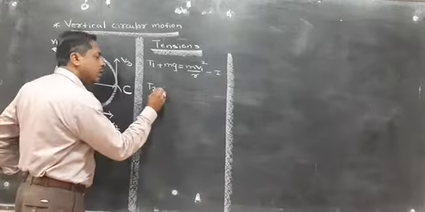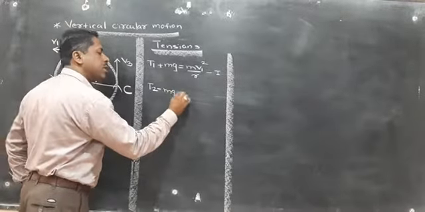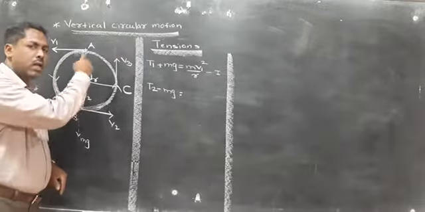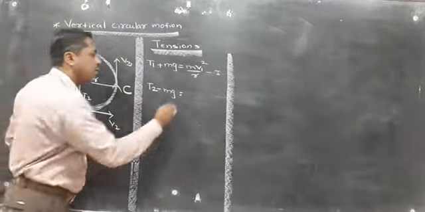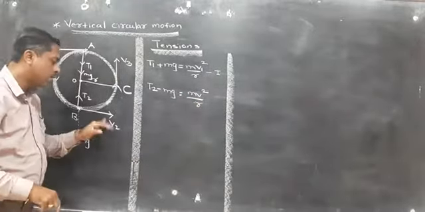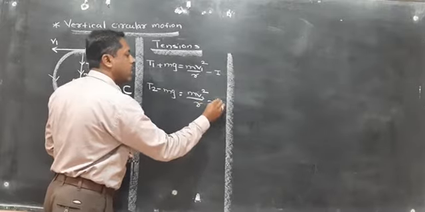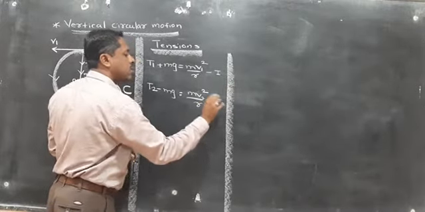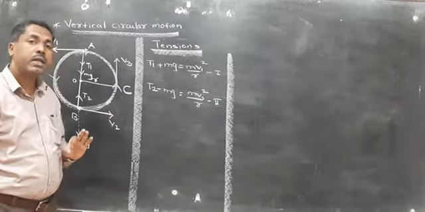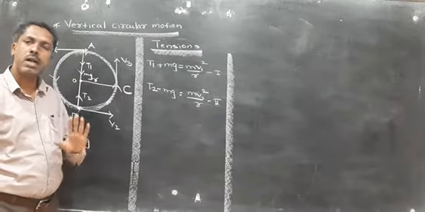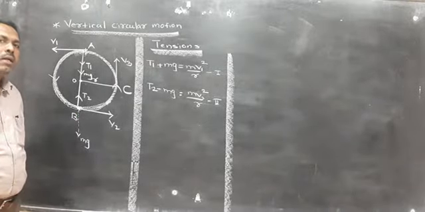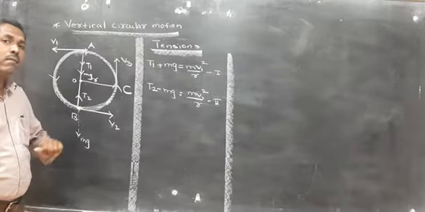That's why T2 minus mg, while performing vertical circular motion. For circular motion, centripetal force is required, which is once again mv square upon r. For the bottom, it has velocity v2, so T2 minus mg is equal to mv2 square by r, equation number 2. This is the general formula for tension of an object at the bottom or lowest position. You got the idea?